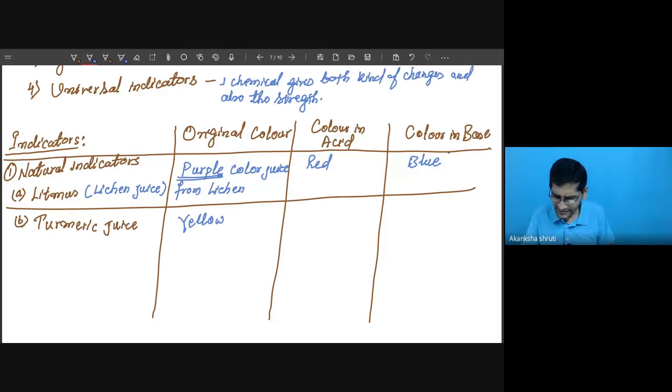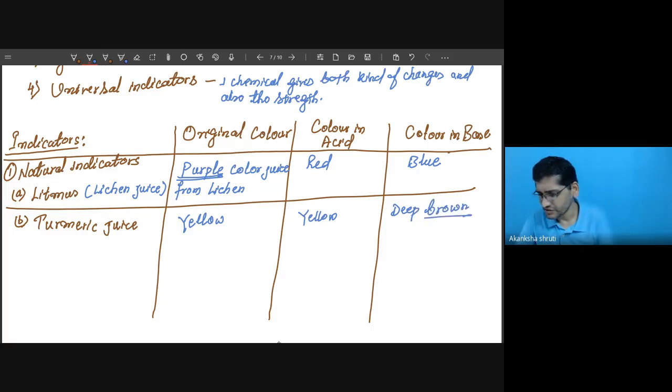If you add this in acid, there is no change in color. It will remain yellow. But if you add this in a base, you will observe that the color changes to brown, basically deep brown.